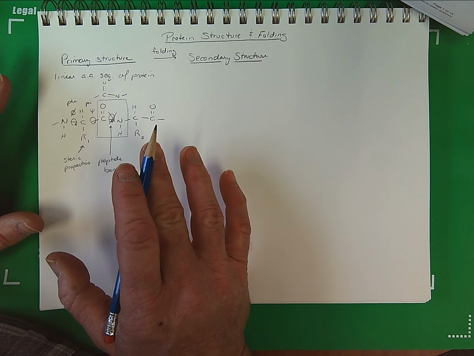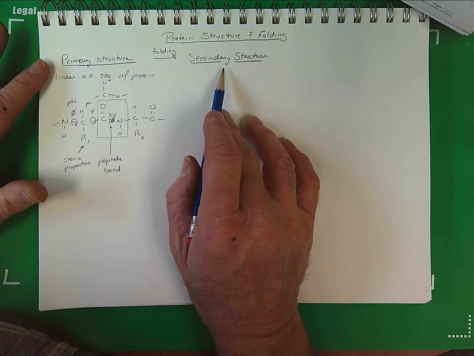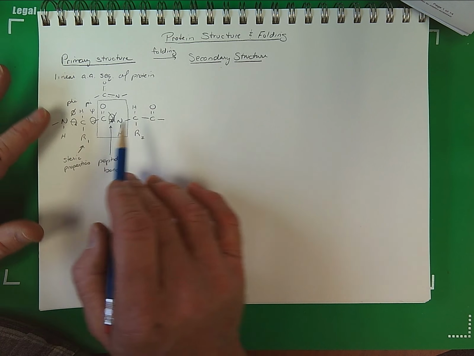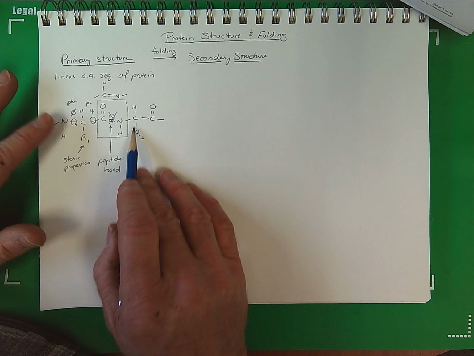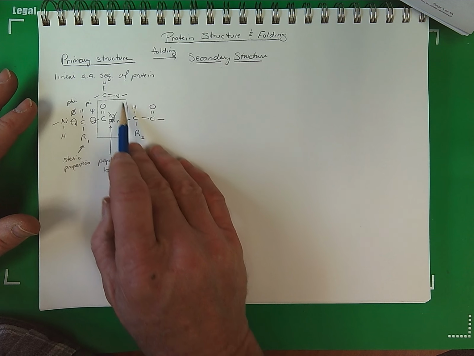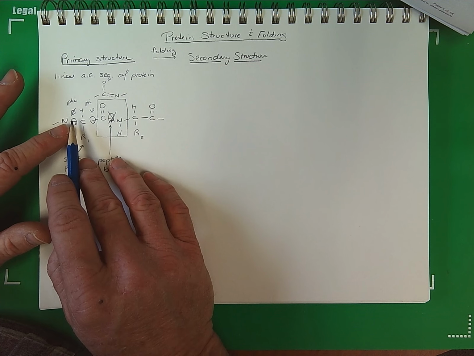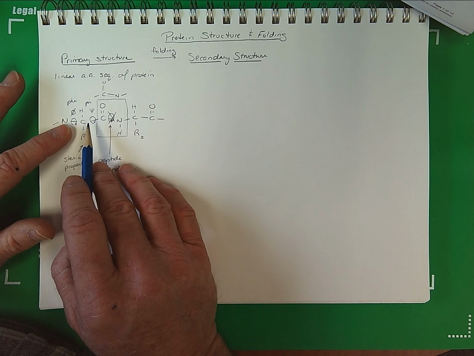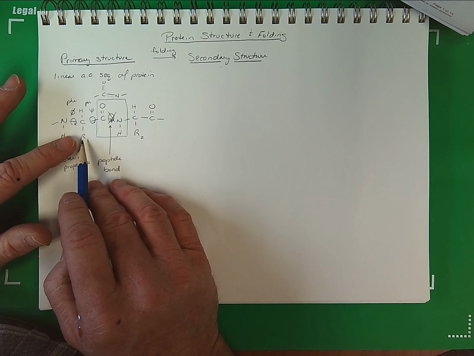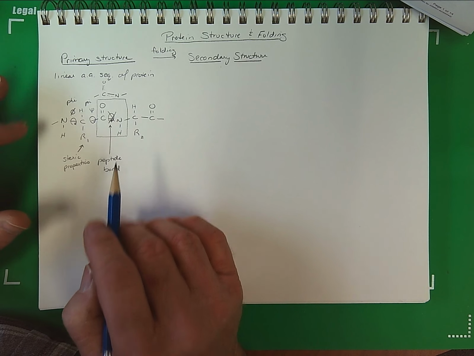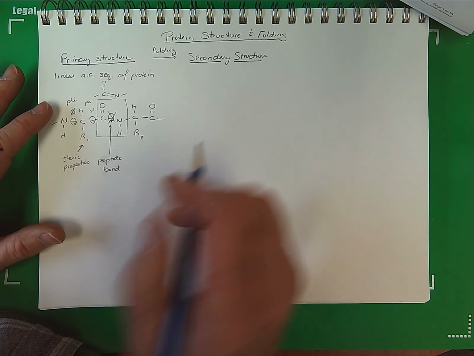Now, to move from primary to secondary structure, we need to consider the planar, immobile properties of the peptide bond, in consideration with the phi and psi angular changes due to the R chain groups.